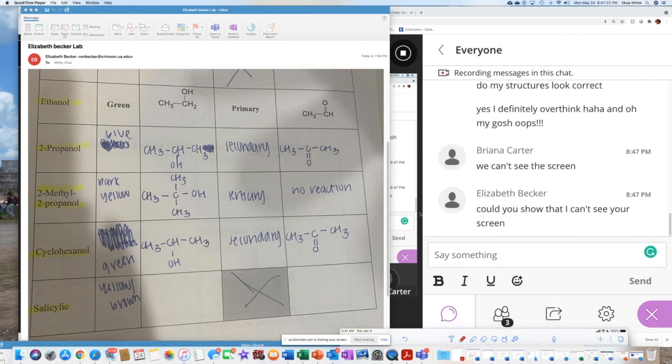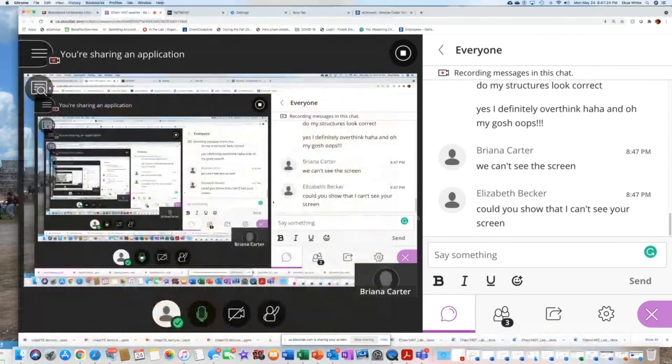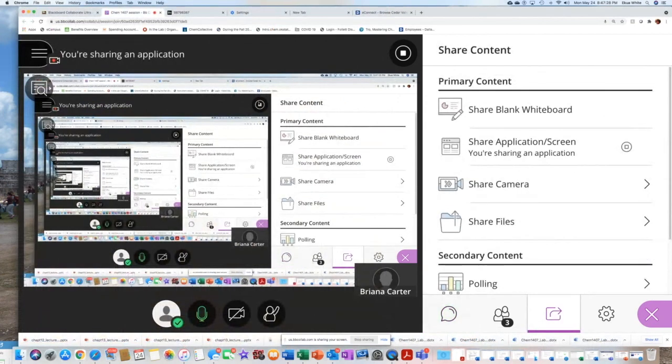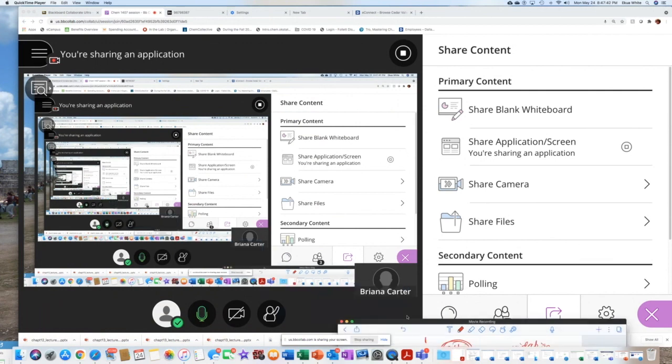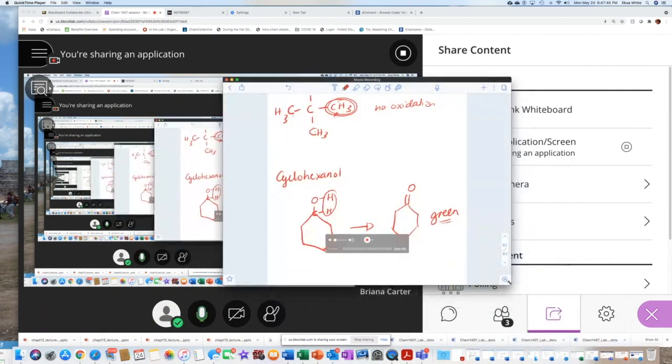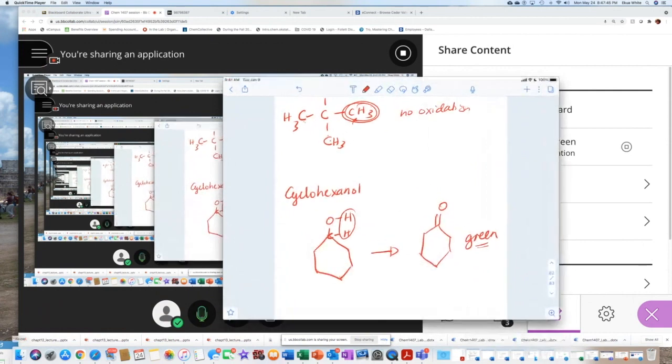Oh, what happened? Oh no. We couldn't see the notepad. What happened, Professor? It's supposed to be showing my whole screen. So you can't see this?